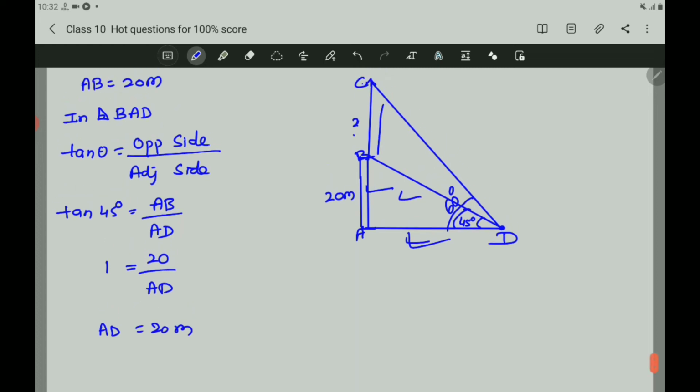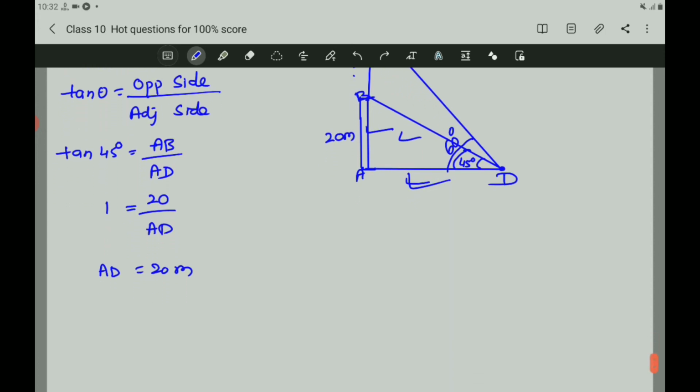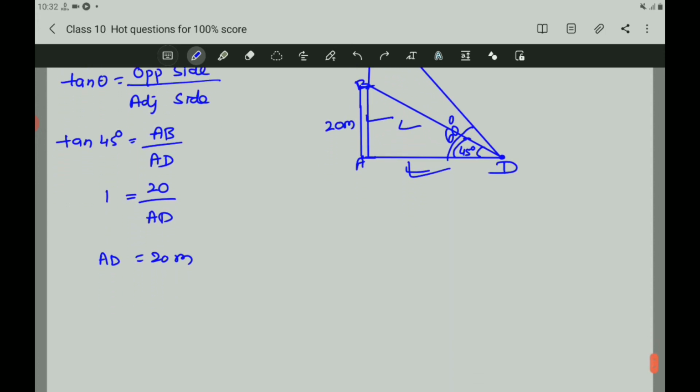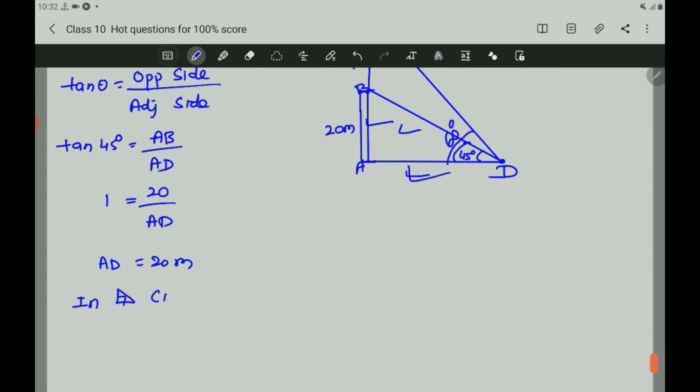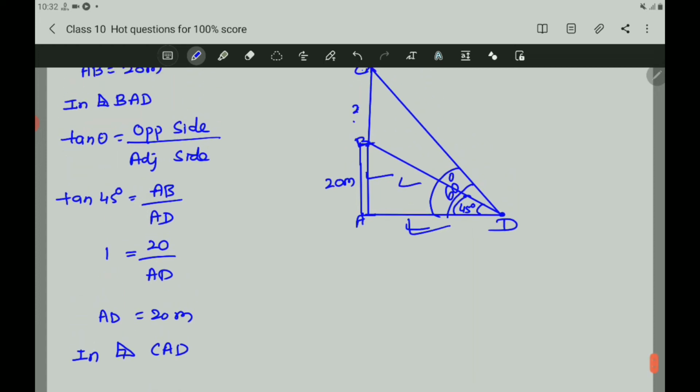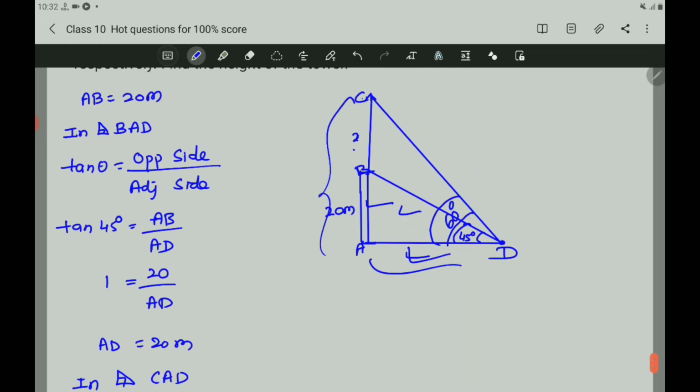Now use the triangle CAD. Then you will get AC, and AC minus AB is equals to BC. So write, in the right angle triangle CAD, the same ratio you take.